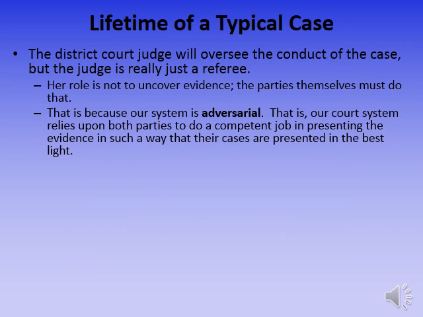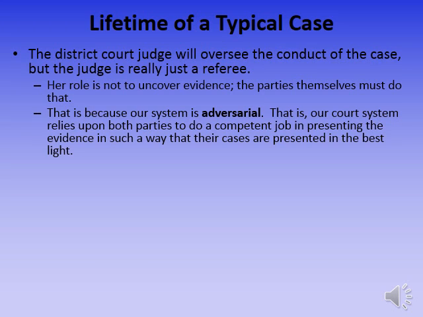That's because our system is what we call adversarial. What that means is our court system relies upon both parties, plaintiff and defendant, or prosecutor and defendant, to do a competent job in presenting the evidence in a way that their cases are presented in the best possible light. We rely upon the plaintiff's lawyer to represent the plaintiff's case in the best possible light.